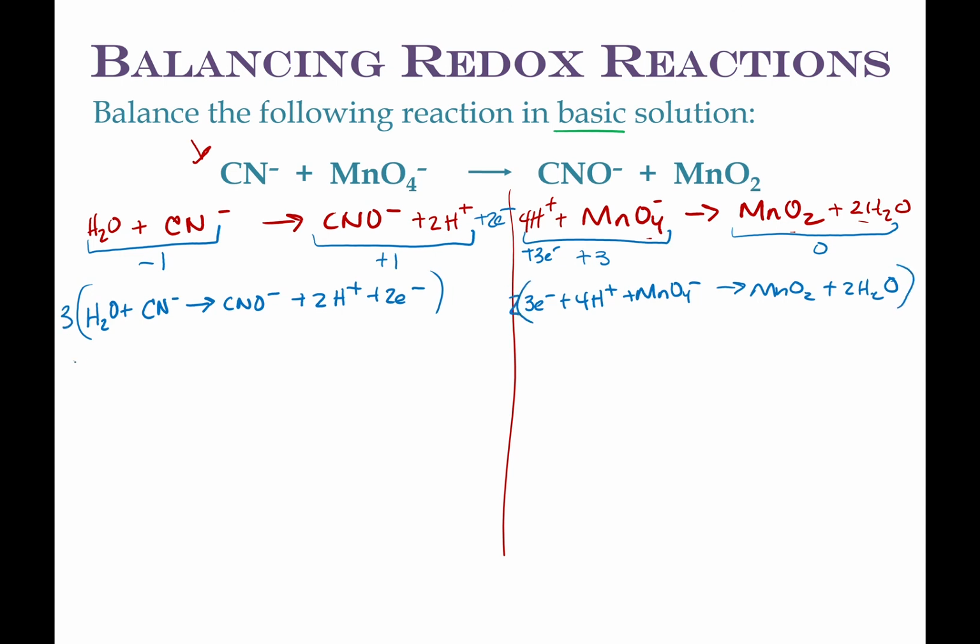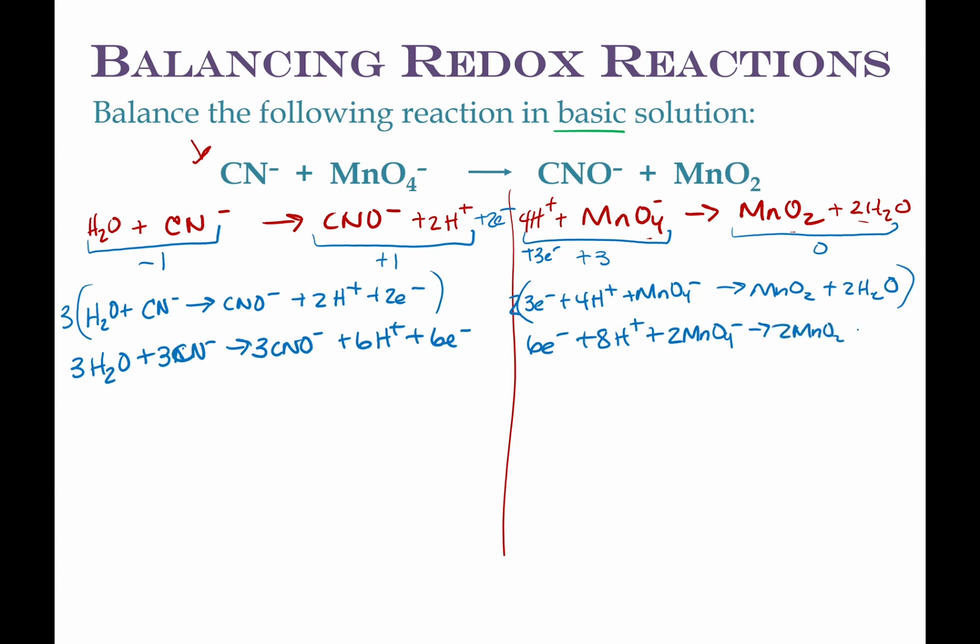And we get 3 H2O plus 3 CN- goes to 3 CNO- plus 6 H+ plus 6 electrons. And over here we have 6 electrons plus 8 H+ plus 2 MnO4- goes to 2 MnO2 plus 4 H2O.